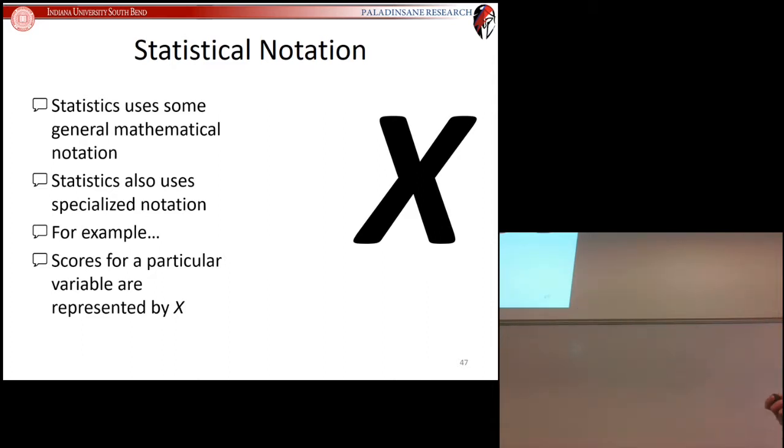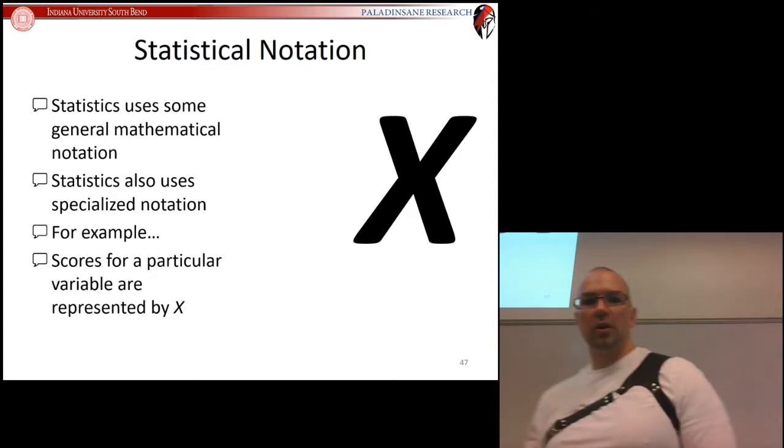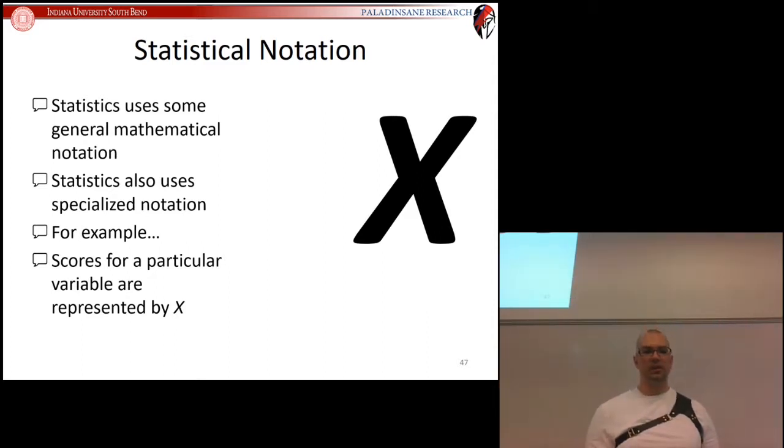I will do that when I lecture as well. And what that will do is train your brain to immediately look at this and think, oh, the scores. Much the same way that you immediately look at a picture of an apple and you think apple, you're going to look at this and think the scores if you always read it as the scores.